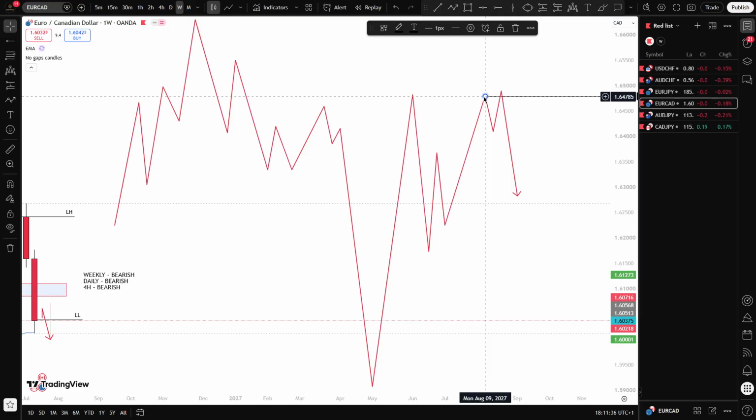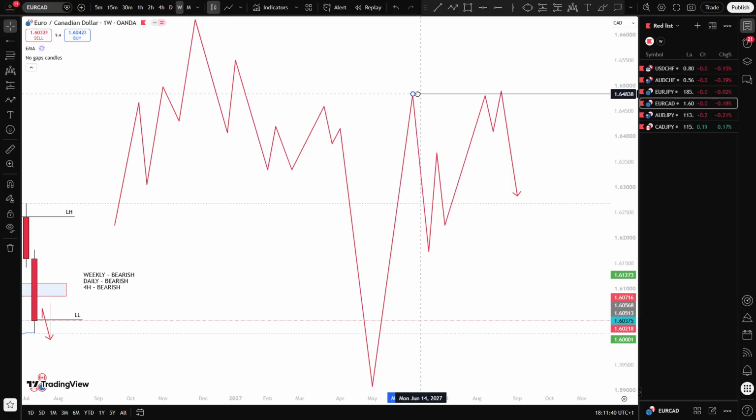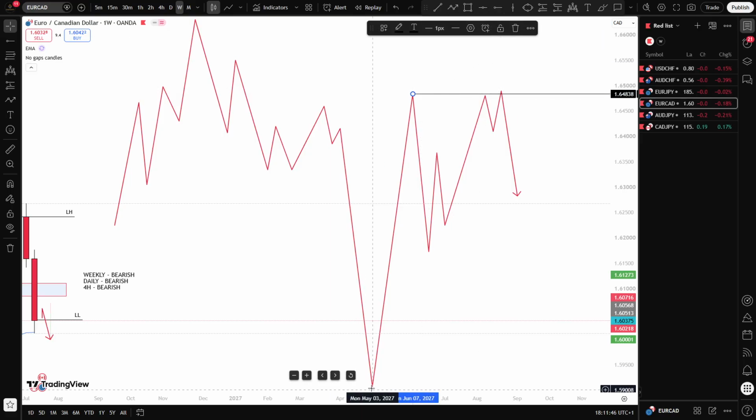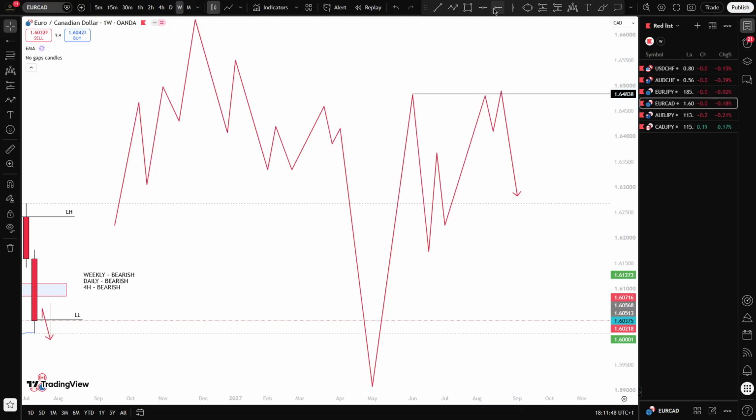This was the higher high, and this was the higher low. This was the higher high and this was the higher low.